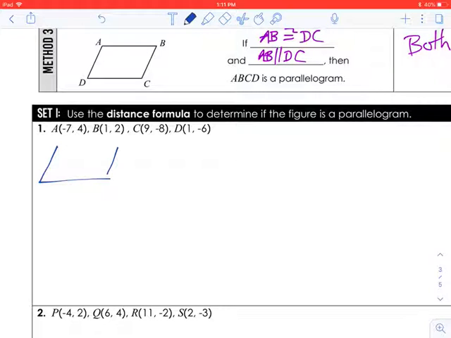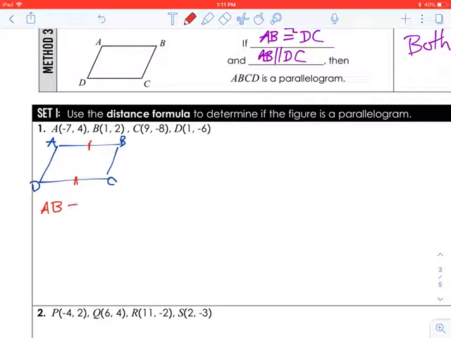So here's my picture, A, B, C, D. I need to see if AB and DC are congruent, so I'm going to go with AB first.